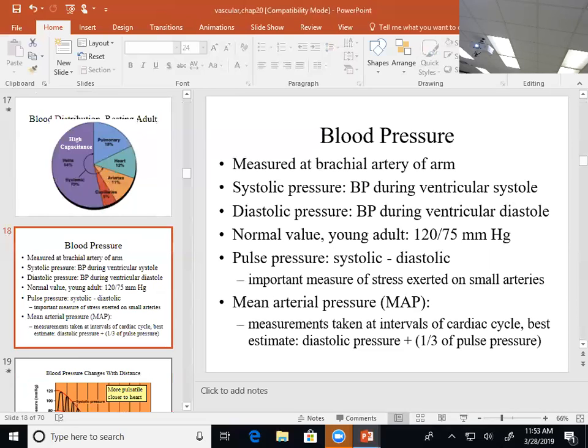Some people have a normal resting blood pressure of 90 over 60, and that's normal for them. But there are other people, if they go to 90 over 60, you're worried about them because that's not their normal, right? So people should know what their normal is. They should know that, and they should routinely check blood pressure.